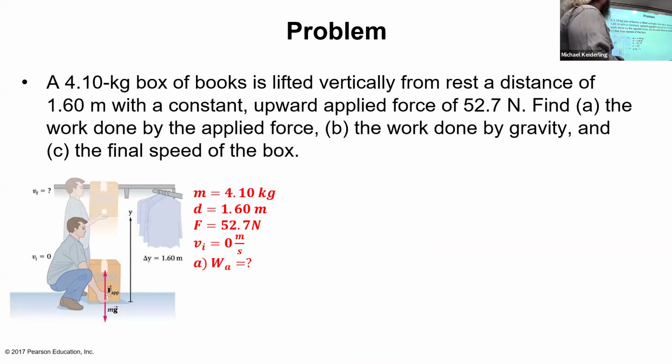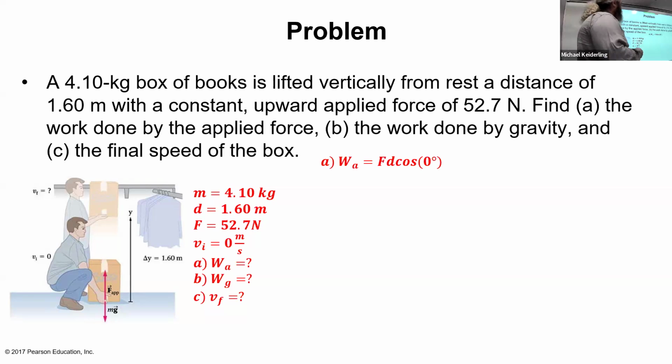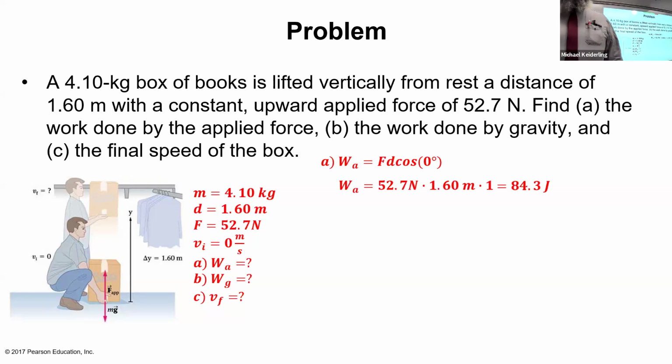We want to find work from the applied force, work from gravity, and the final speed of the box. The work from the applied force is going to be force times distance times the cosine of 0. So 52.7 newtons times 1.6 meters times 1, which is 84.3 joules.